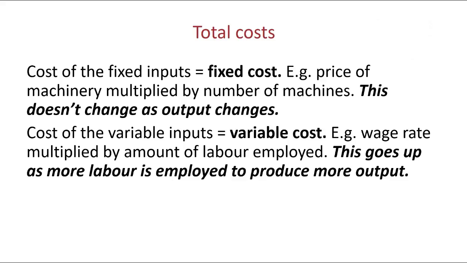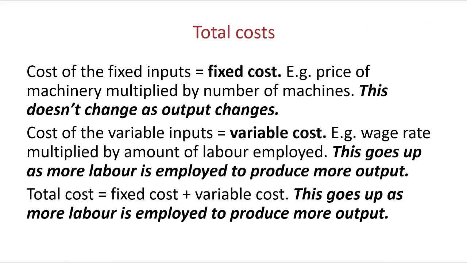So this cost varies with output. And finally, we've got total cost. This is simply the total fixed cost plus the total variable cost. So the capital cost plus the labour cost in our example. And this obviously goes up as more labour is employed to produce more output.